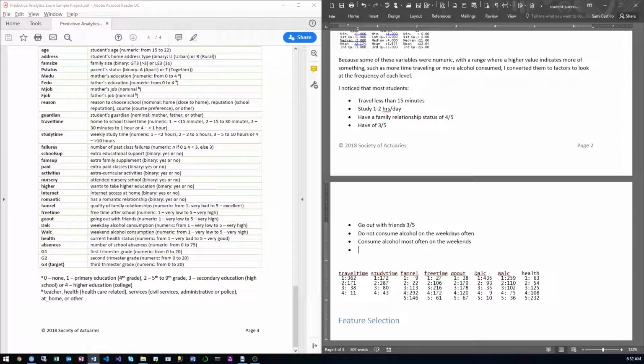Health status is mostly a 5. This is the current health status. Most are in very good health.